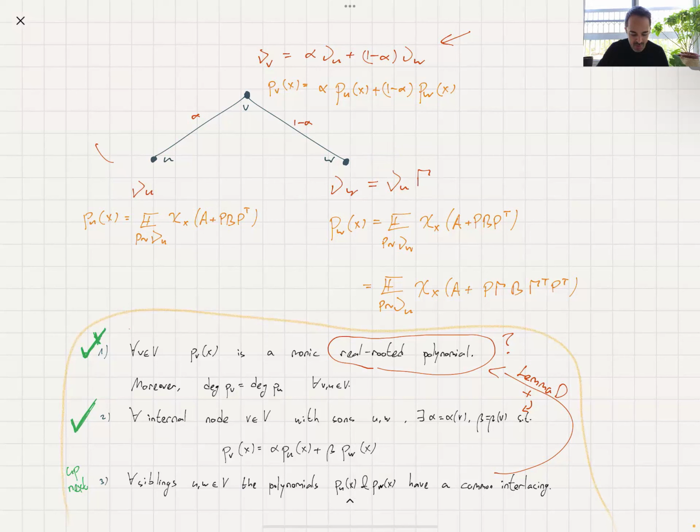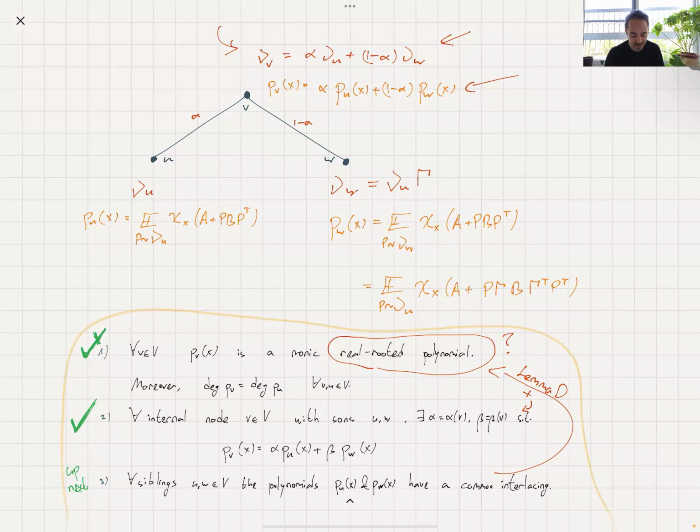So what does it tell you about the polynomials? Well, the polynomials are just taking the expected characteristic polynomial according to the distribution. So the fact that the root is a convex combination of the two distributions means that the polynomial of the root can be written like that. Which is great.